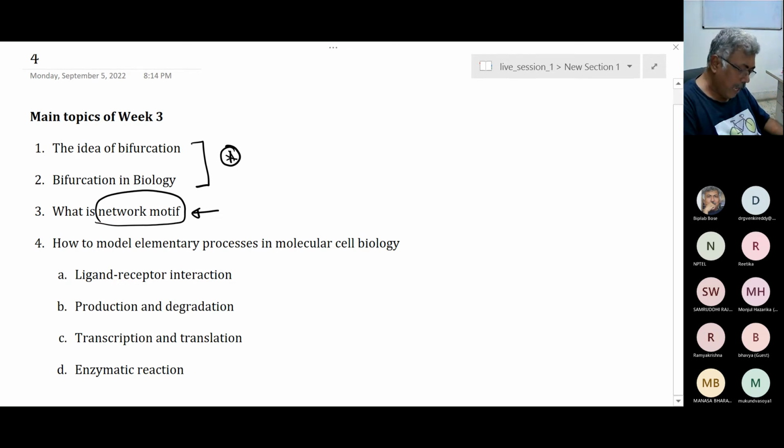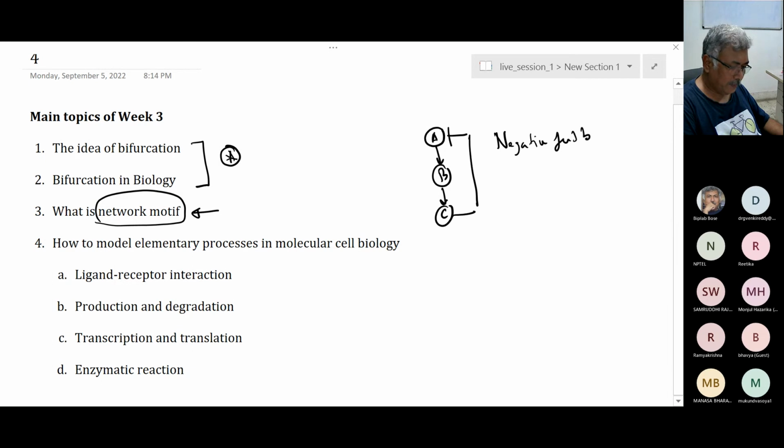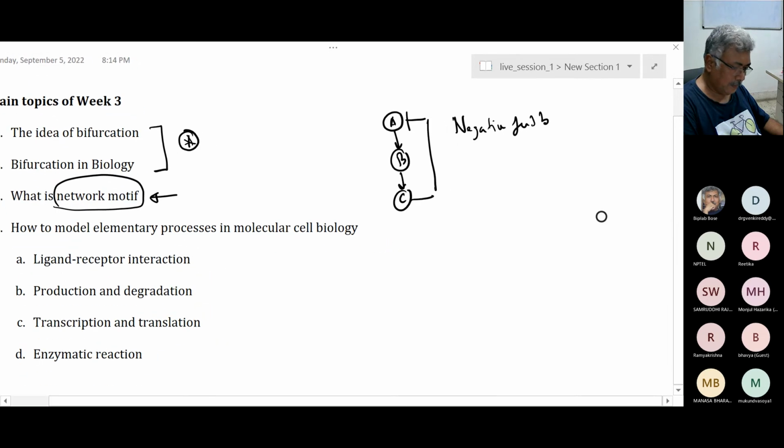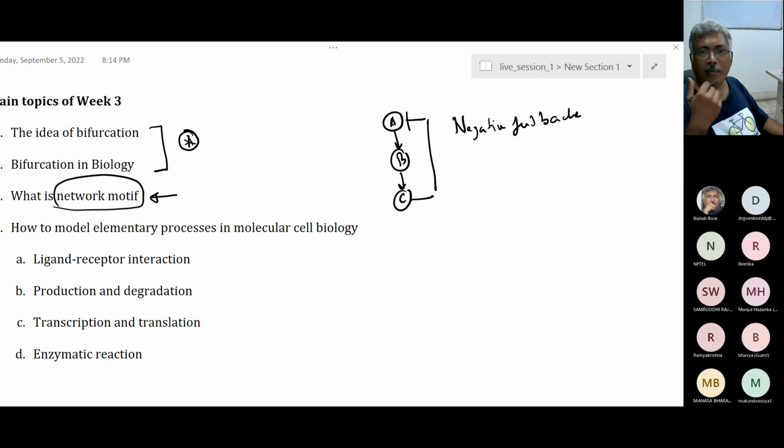For example, suppose A controls B, B controls C, meaning A activates B, B activates C, and C in turn inhibits the activity of A. This will be negative feedback. Using a simple ordinary differential equation based model, as well as by experiment, we now know that negative feedback has certain characteristic properties.